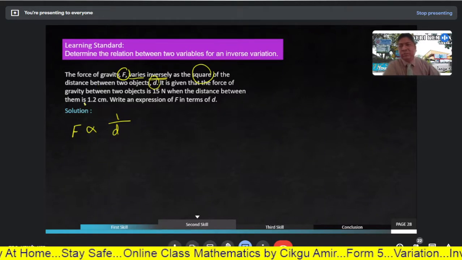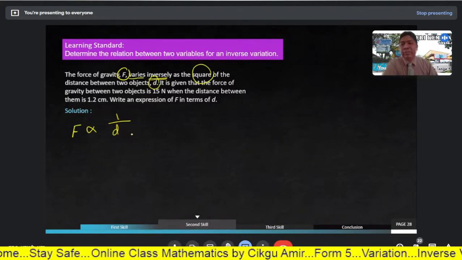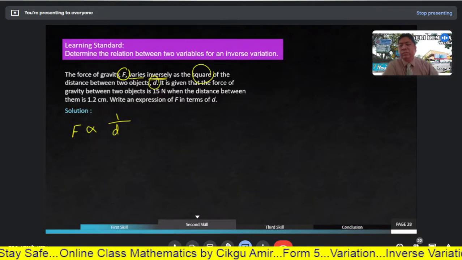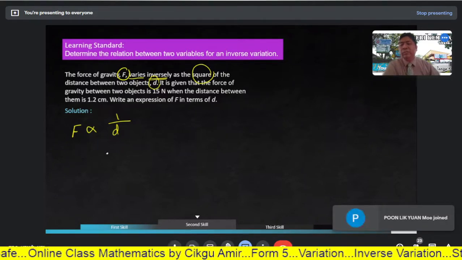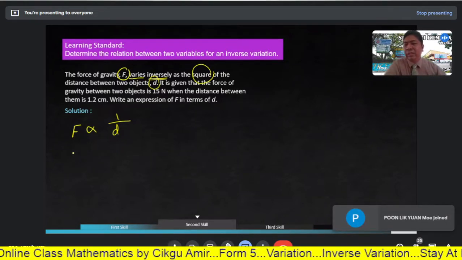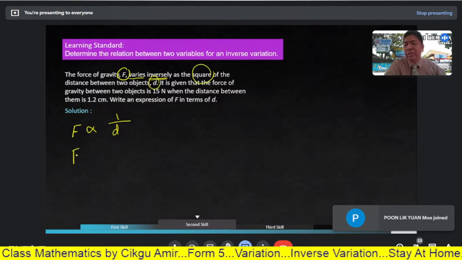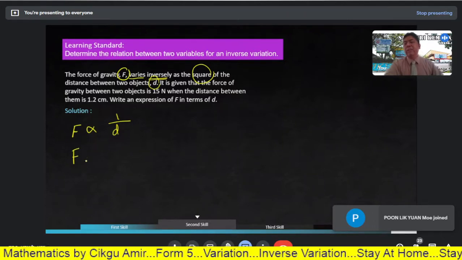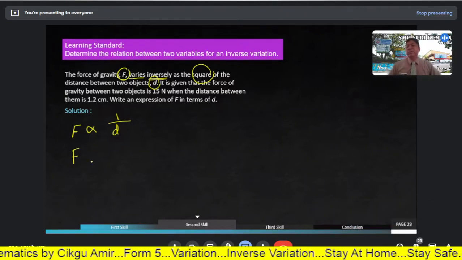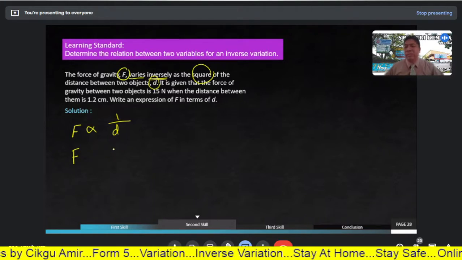So from the variation relation, we change to equation form. How to change? The variables here are intact. F, no change to the variable.